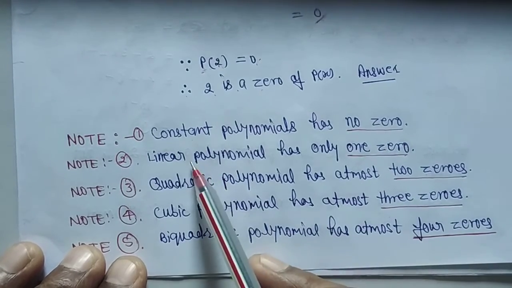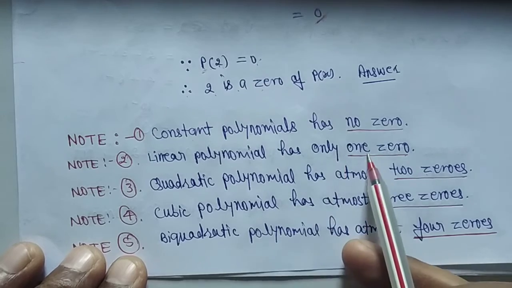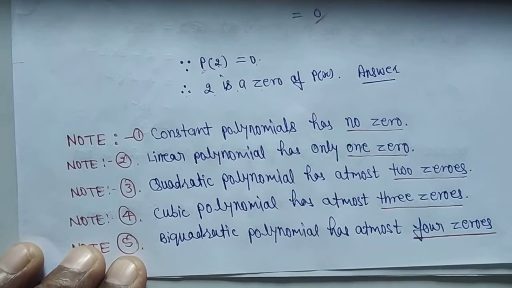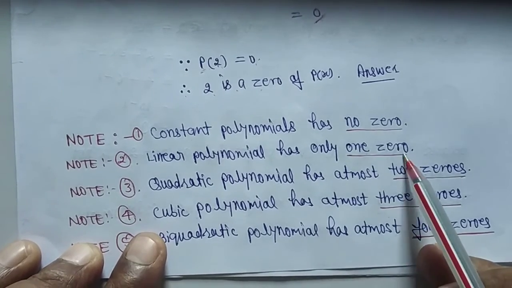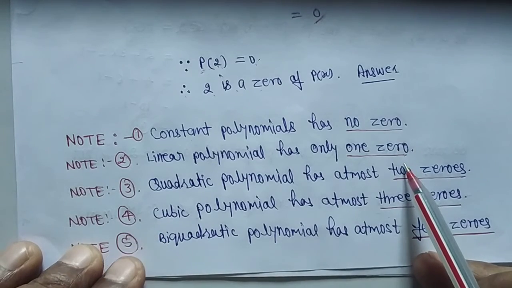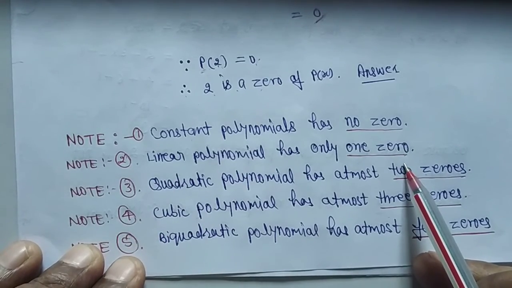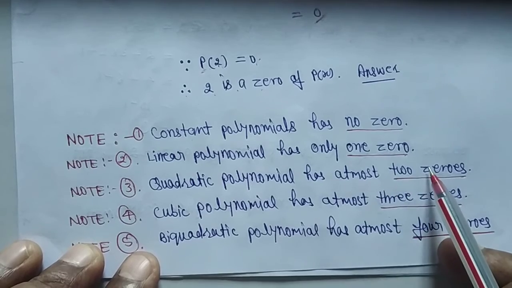Point 2, linear polynomial has only 1 0. If a polynomial has degree 1, then number of 0 is 1. If a polynomial has degree 2, then number of zeros is 2.